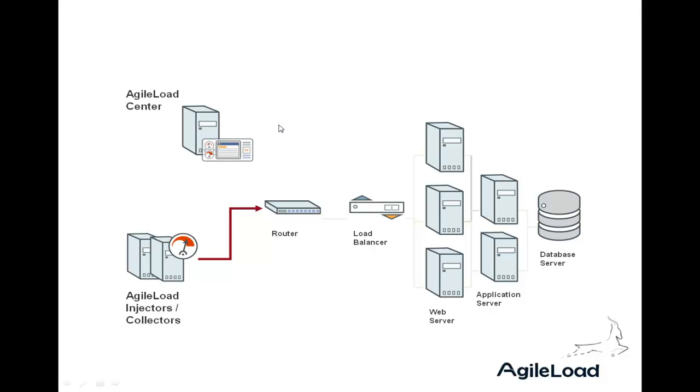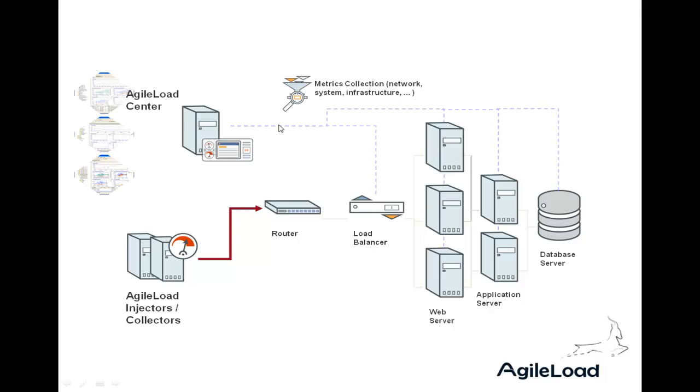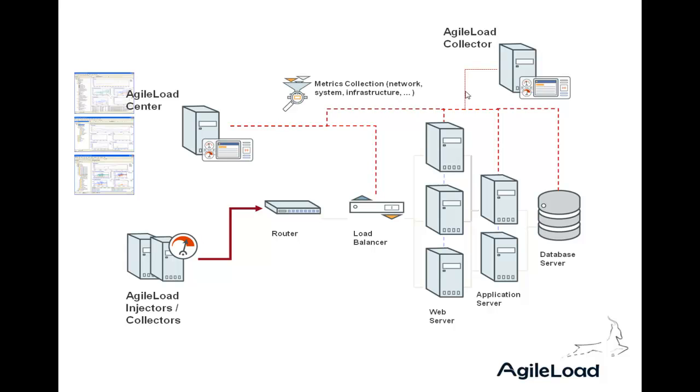In this case, we're going to place an AgileLoad collector remotely potentially on another LAN, in which case there might be some complex networks in between us and that machine. So what we're going to need to make this work is the external IP address of the AgileLoad collector and the internal IP address, and we're going to go through that in the video just now.